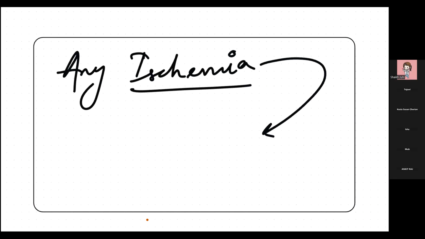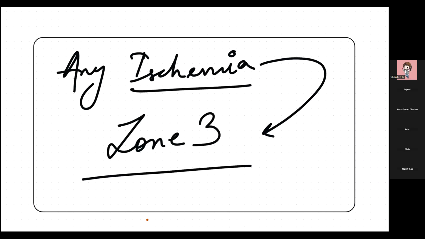It will be zone 3. Now can anyone tell me why it will happen? Why, during ischemia, will zone 3 of the hepatocyte be affected more, mostly only that and not zone 2 or zone 1? Can anyone answer?